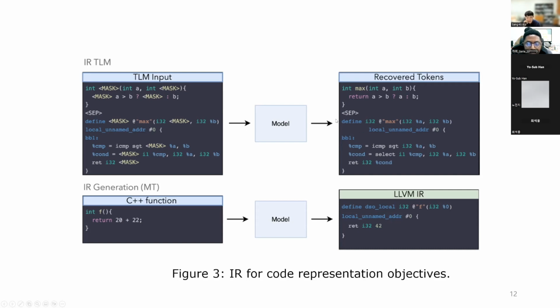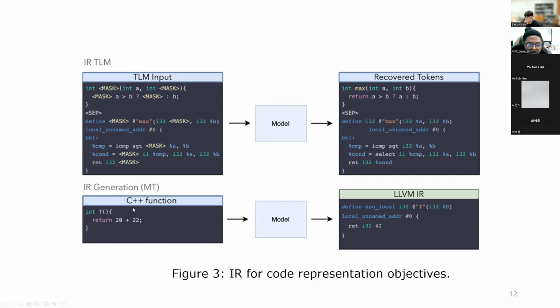The TLM objective is that it can attend to both the source code and the IR. For example, the masked token here is the data type, so the model can look at the source code's unmasked tokens, for example int. Here, the masked one is the function max, so the model can look at both the source code sequence and the IR sequence.